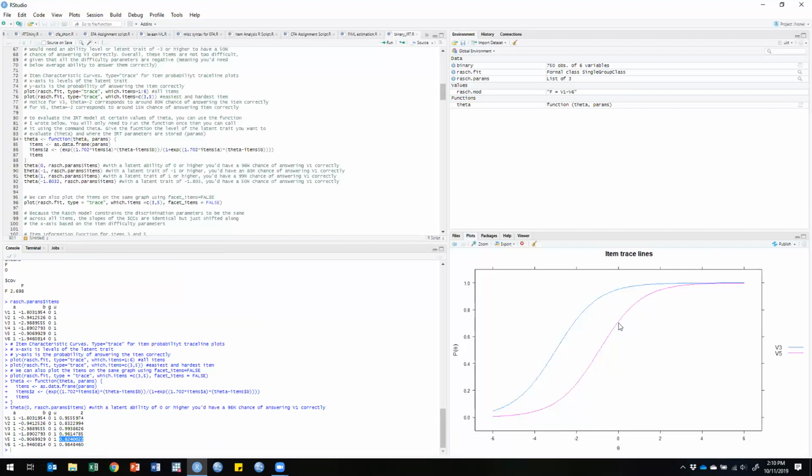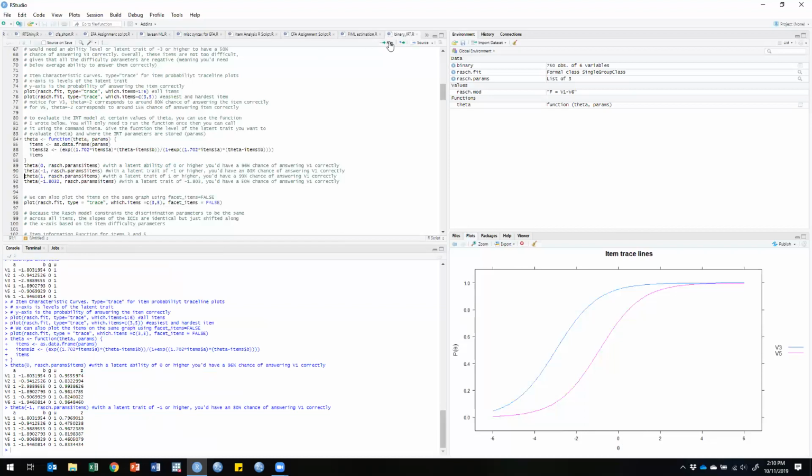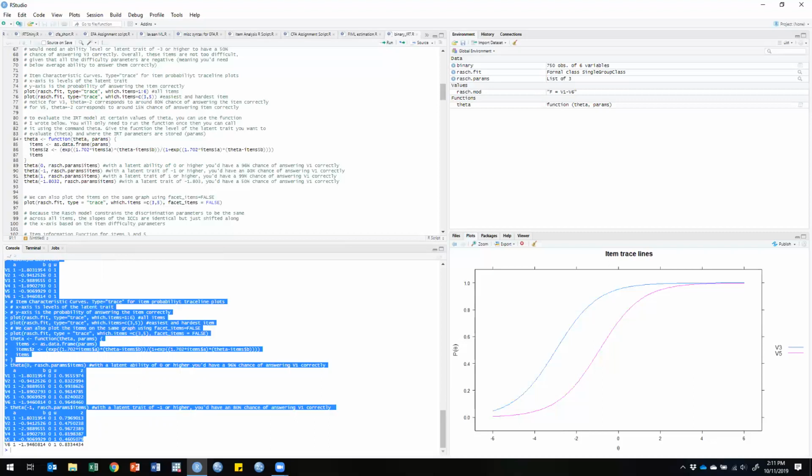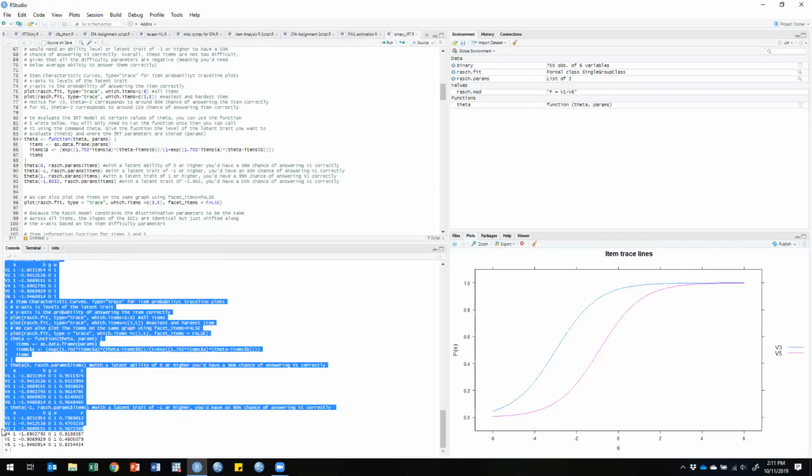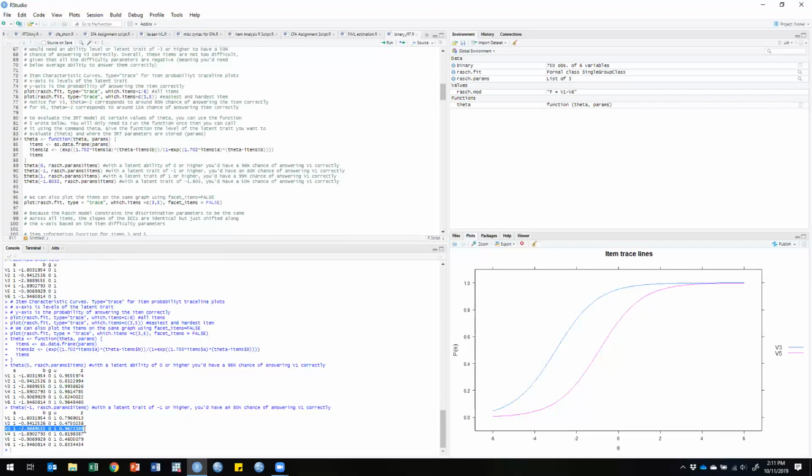So maybe that's what we would try to, it's hard to tell on a graph, especially on a computer, moving your mouse with your hand. So I thought we could look if we were at an ability level of -1, we would have a little less than a 50% chance of getting question 2 correct, and a little less than 50% chance of getting question 5 correct, but we would have a 97% chance of getting question 3 correct.